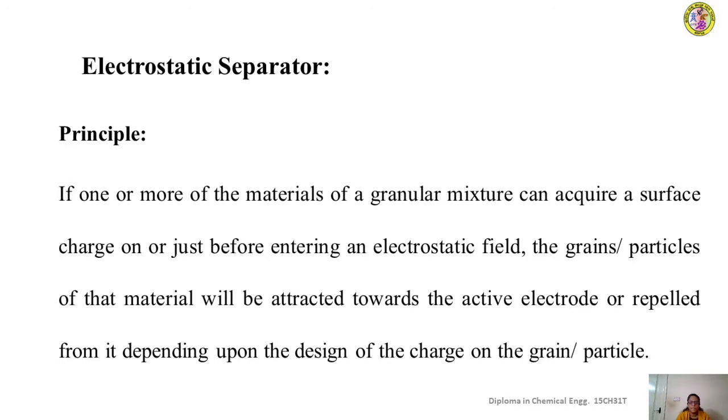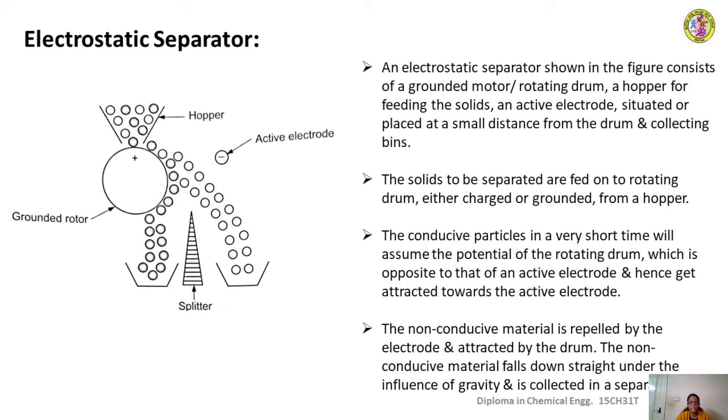The grains or the particles of the material will then be attracted towards an active electrode based upon its surface charge, and the ones which have the opposite charge will be repelled by the electrode. So in that way, we can make the particles move towards an electrode or move away from the electrode. So that helps in collecting the different particles in the given mixture into two different fractions. So that is the principle involved in an electrostatic separator.